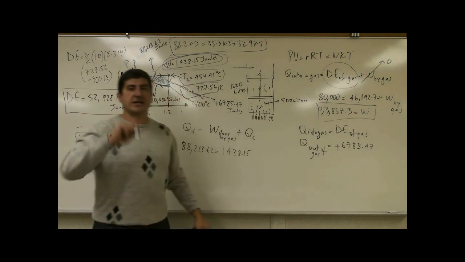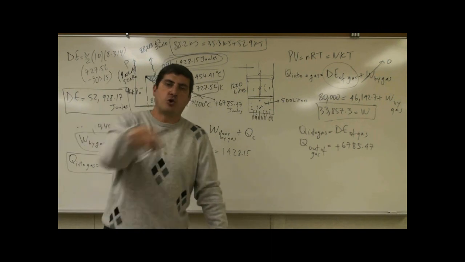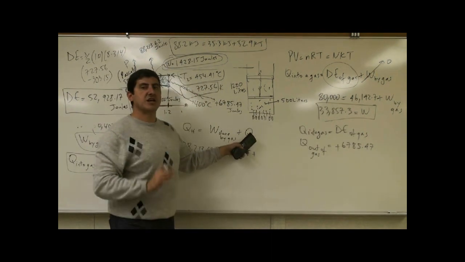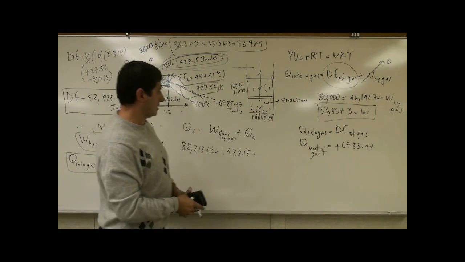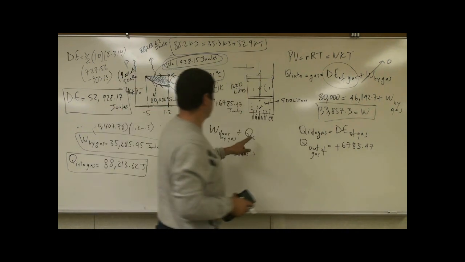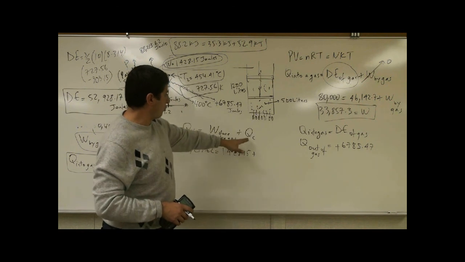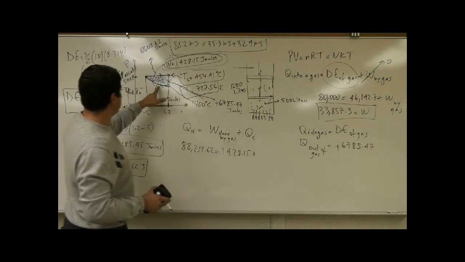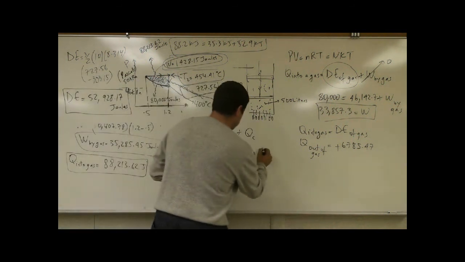So here's a way that you can check to see if you've done the whole cycle correctly. You add up all the heat that you dumped to the cold reservoir. So how much did you dump here? So Q cold, you basically have what? Well, you have the heat that you dumped here, 80,000.